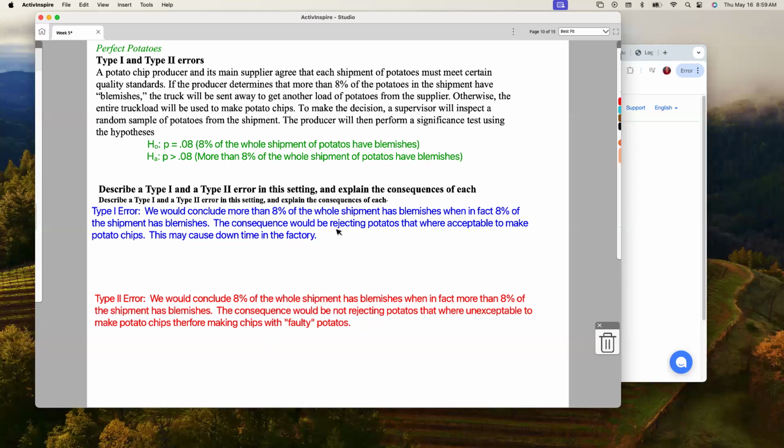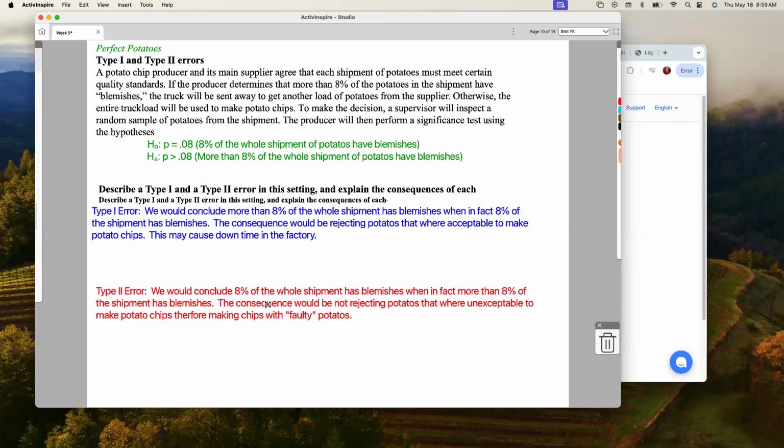Now, there are ways of addressing these, lowering these probabilities. This one's an easy remedy. We just choose a lower alpha. If we're going to make this mistake, let's make it really unlikely. Let's pick an alpha like 0.01, and that would be traditionally what you would do. Likewise here, we're not going to get into how to calculate the probability of type 2 errors.